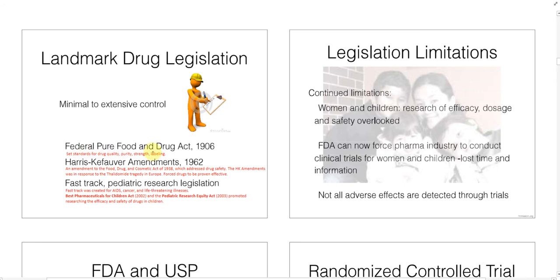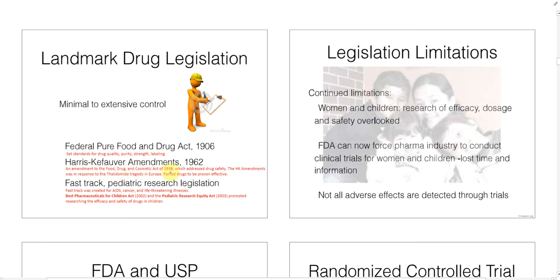The Federal Pure Food and Drug Act set the standards as a general baseline for drug quality, purity, strength, and labeling, and kind of got the ball rolling on getting any kind of regulations on drugs.